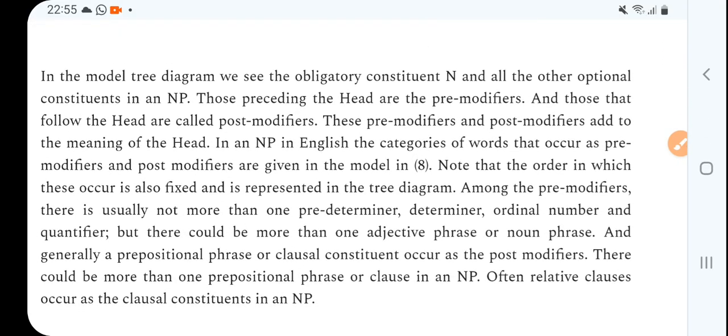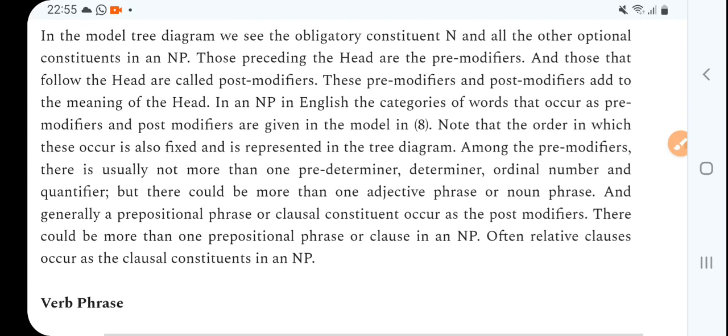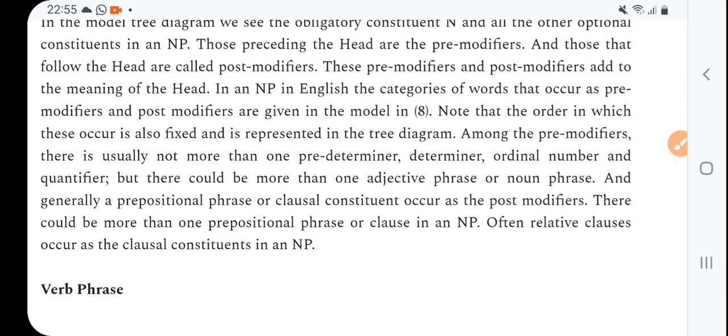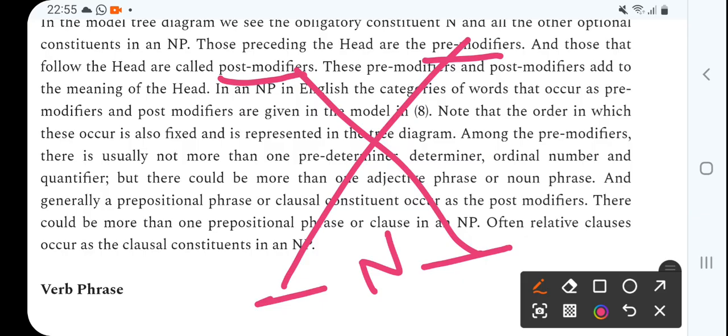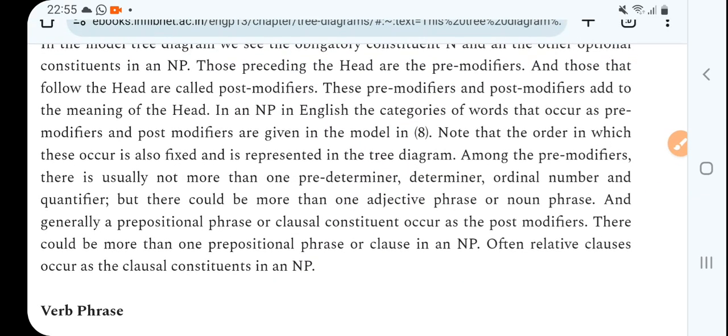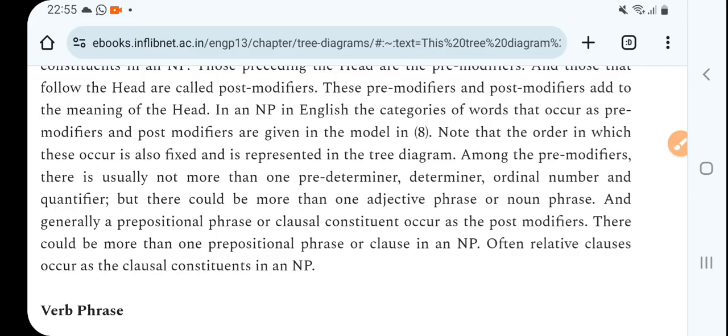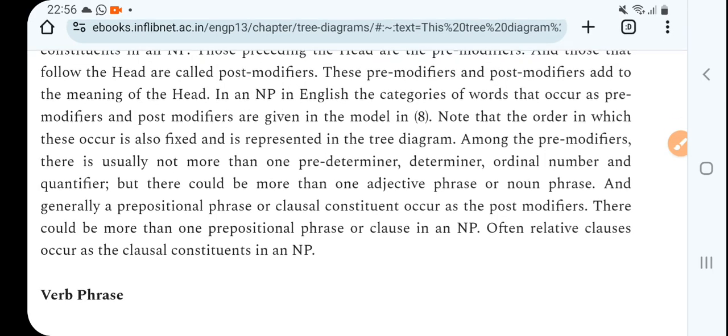So in this model tree diagram, we see the obligatory constituent N, which means the noun is very important in a noun phrase. Those preceding the head are the pre-modifiers and those that follow the head are called post-modifiers. Pre-modifiers are found before the noun, and a modifier after the noun is called a post-modifier.